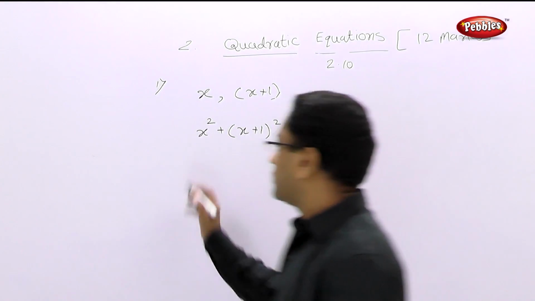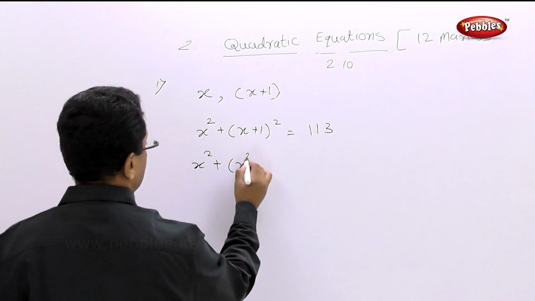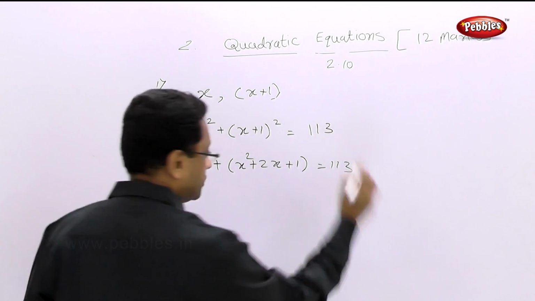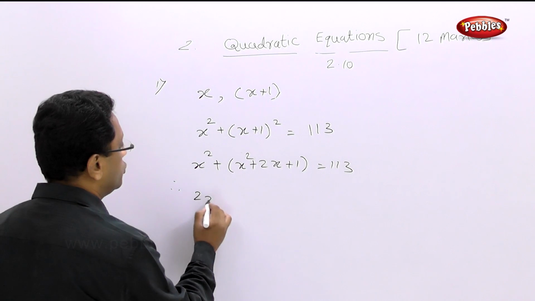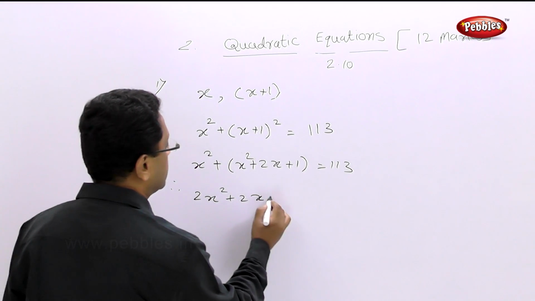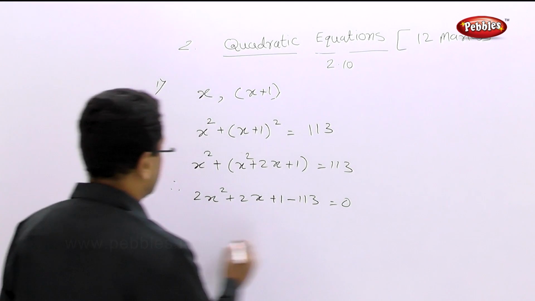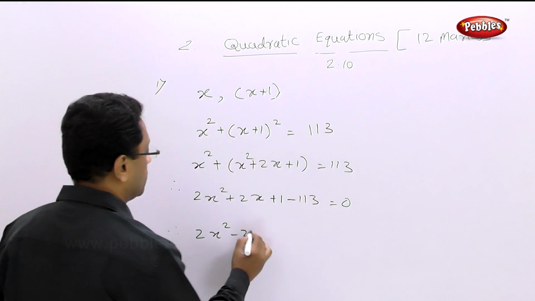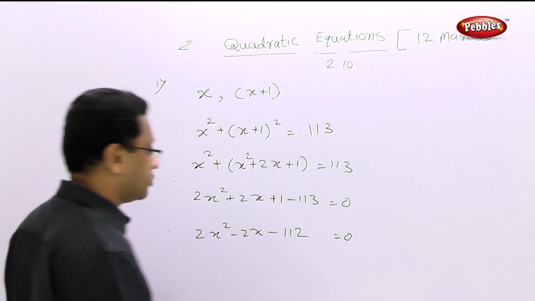First we'll open the square. x square plus x square plus 2x plus 1 is equal to 113. So we get 2x square plus 2x plus 1 minus 113 equal to 0, and so we get 2x square plus 2x minus 112 equal to 0.